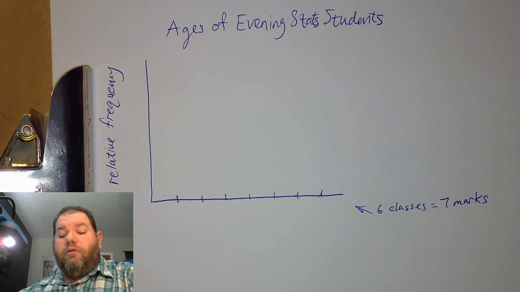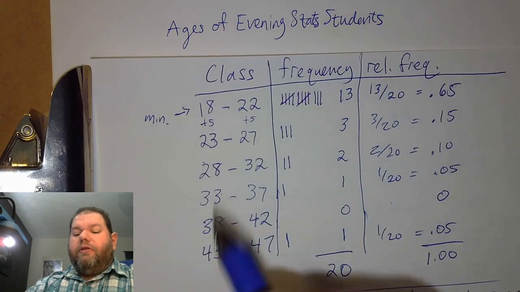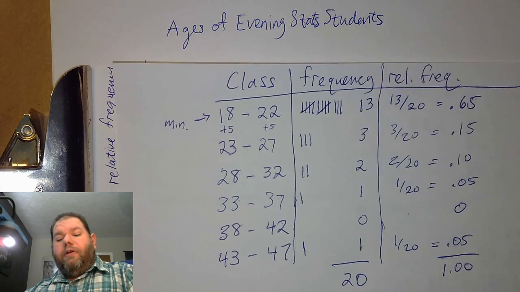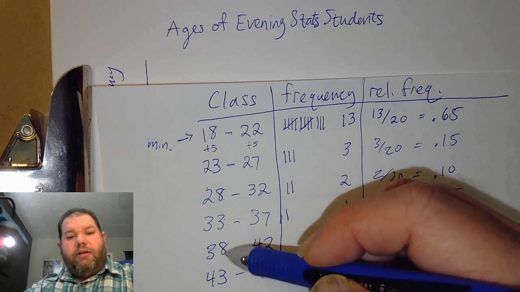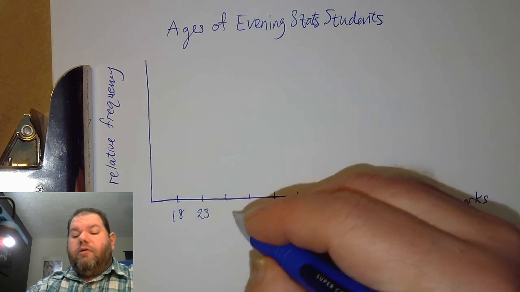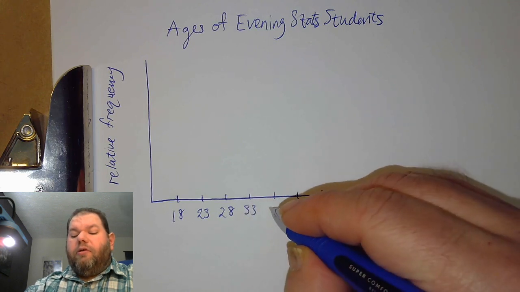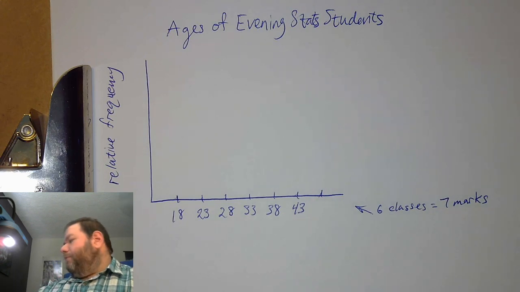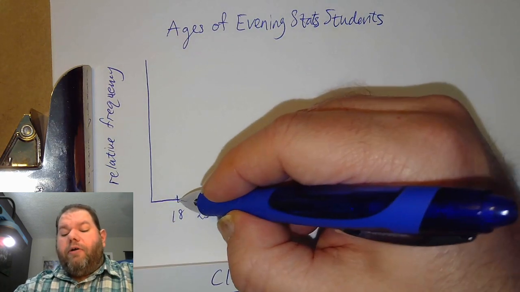Now, the way that we label this is according to the lower limit of each of our classes. Okay? So we have 18, 23, 28, 33, 38, and 43. Our first class goes from 18 to 22, and so we'll draw that bar from here.